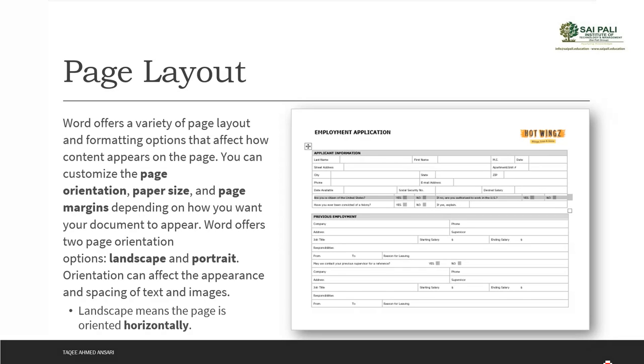So when you print out your document, it will print as you wanted. This layout selection is also important for printing. When you have decided to print your document to take a hard copy, it is important to select the proper size, orientation and the margin also.